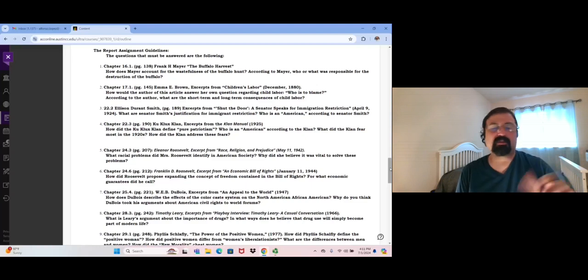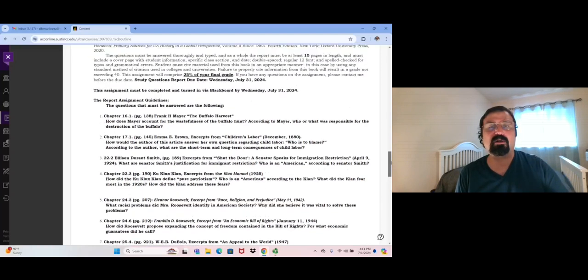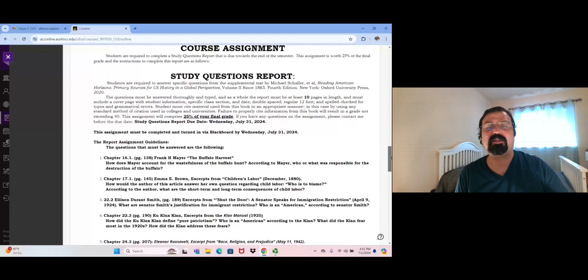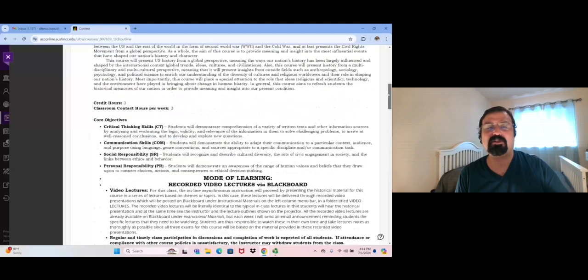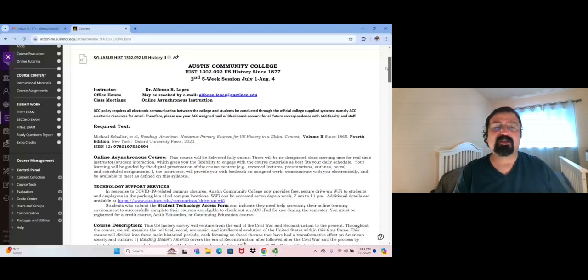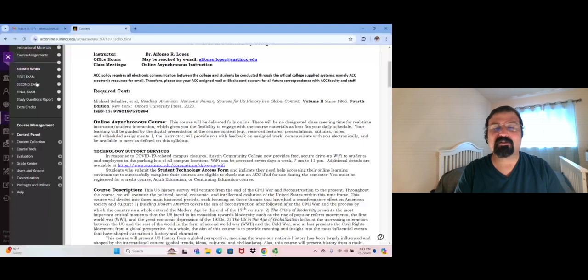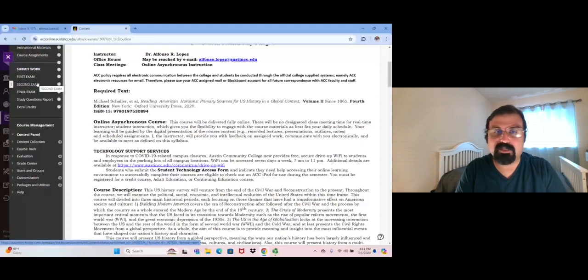You save it as Word or PDF, and you submit it on Blackboard. Again, this is the submit work section. This is where you're going to be submitting the major assignments and exams for this class: the first, second, and final exams, and the report.